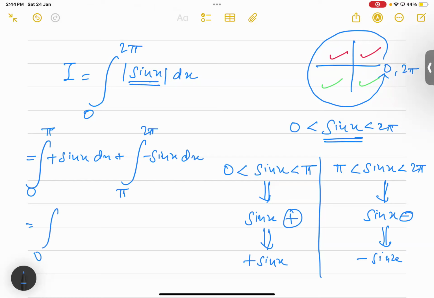So this is 0 to pi. What is pi, guys? 180. Sin 180 is what? The calculator is there for that. It becomes cos. 0.